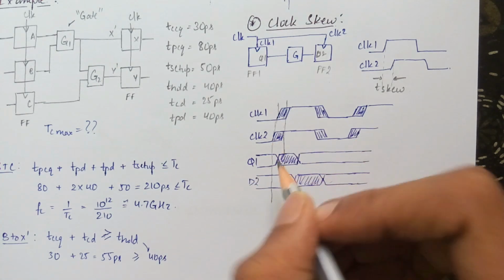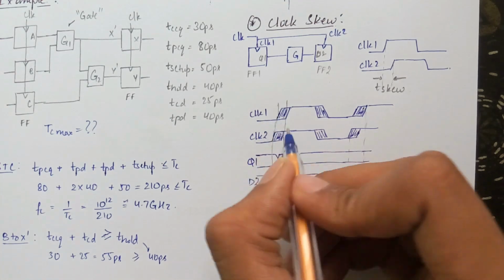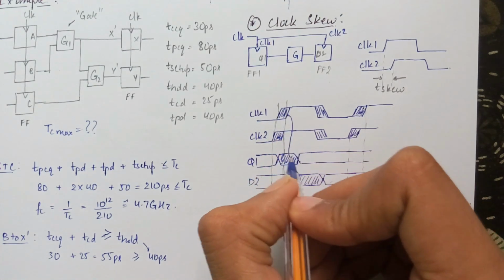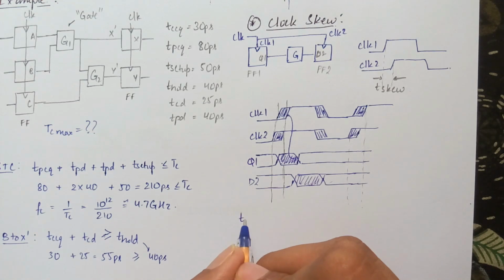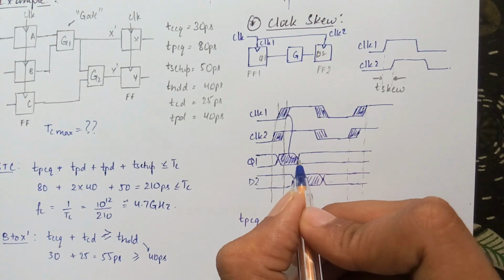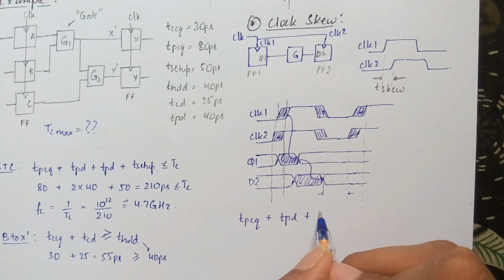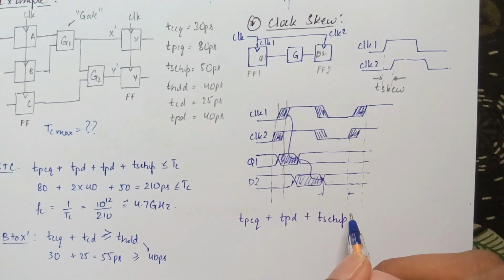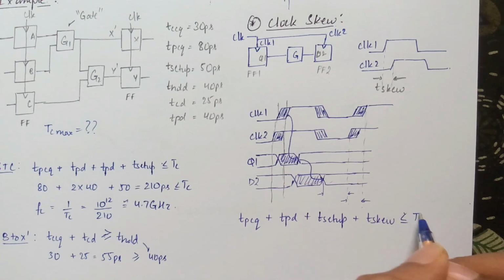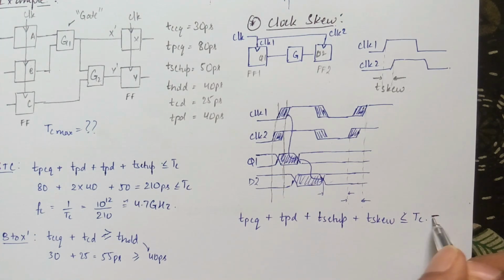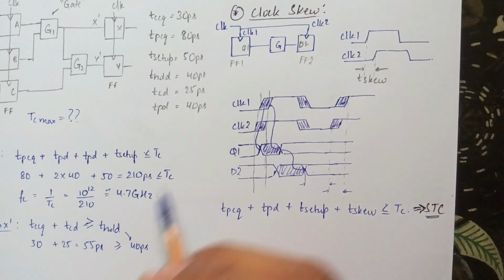Considering the worst case, the clock to output propagation delay of flip-flop 1 plus the propagation delay of the combinational circuit plus the setup time of flip-flop 2 plus the skew time must be less than the time period of the clock. This constitutes the setup time constraint.